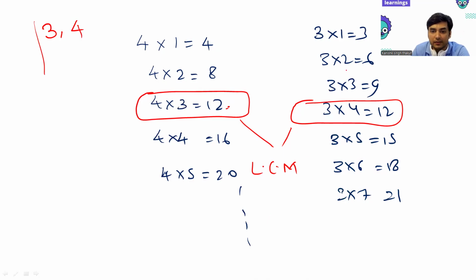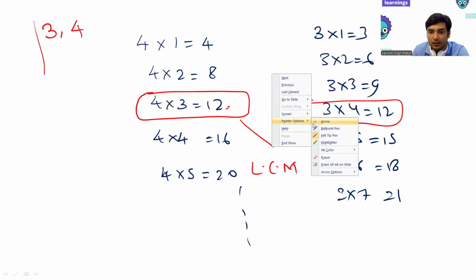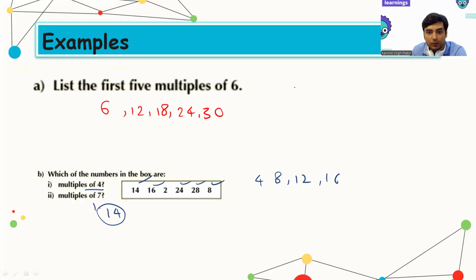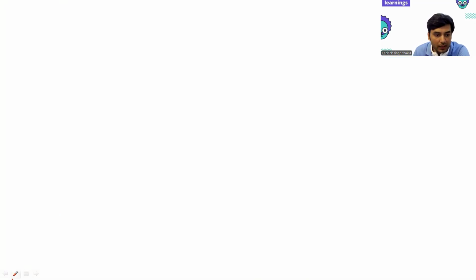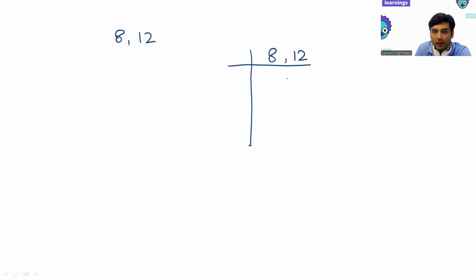Now, how do we find LCM? I'll tell you another way other than this. Suppose I have two numbers, 8 and 12, and I have to find the LCM. You write these numbers in a table like this, and keep on dividing them.